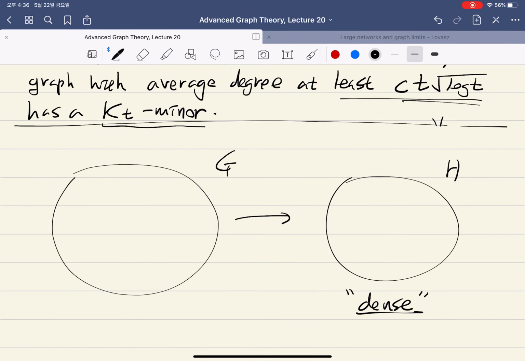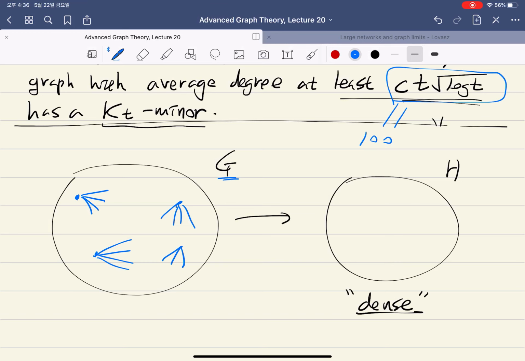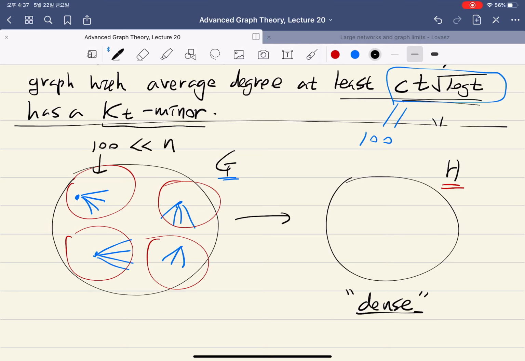Meaning that, say, this number is like 100, G could be huge, and each vertex has degree roughly 100, plus or minus some. Then what we do is we first take some connected subgraphs and contract them, so that in H, this degree 100 is no longer much smaller than the number of vertices.